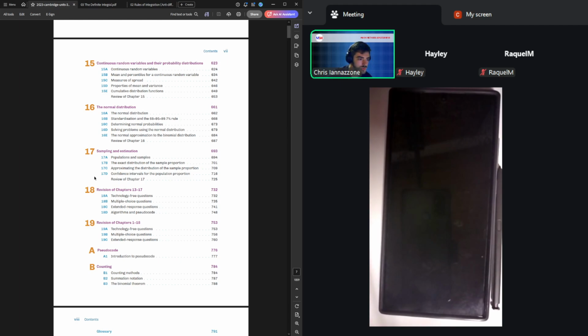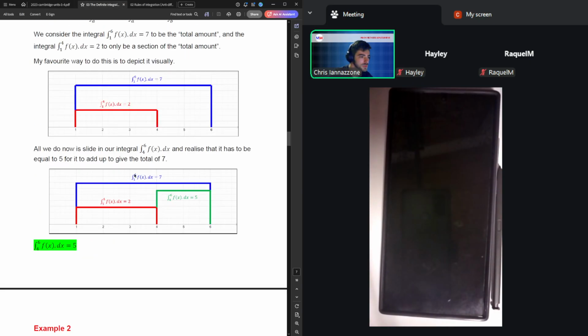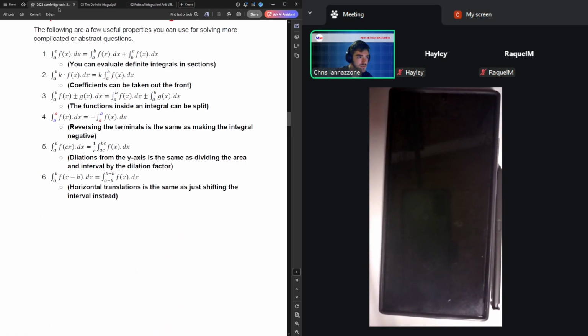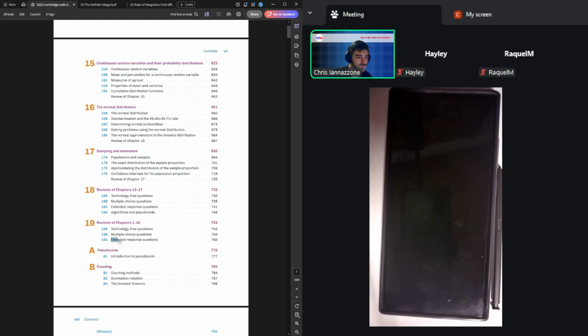The actual doing of Methods is quite straightforward. In fact, it's straightforward enough that you can literally have step-by-step guides on how to do all the key questions. It's the fact they put worded scenarios around it and make it ambiguous, where you now have to use a bit more of your problem-solving skills to get there.